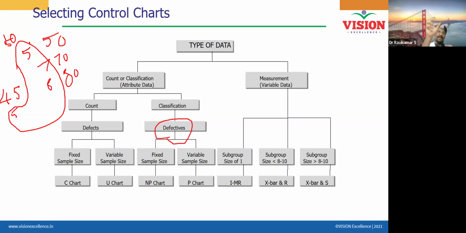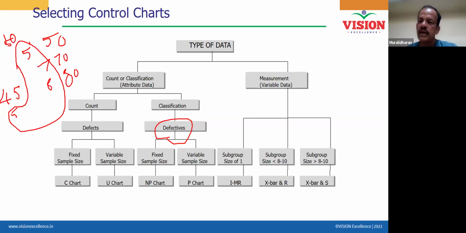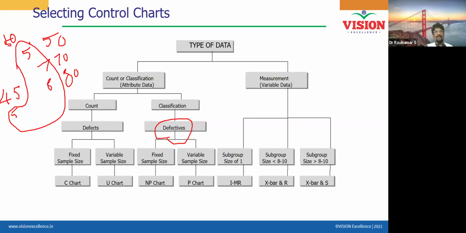Whether you are going to audit the patient's data in variable data, that is a different category. Suppose you are going to accept that test as accepted or rejected based on the skill set of the lab technician, whether he has done it correctly or not, that is what we are going to see. If he has done it faulty, then we are going to reject it. That is a defective.